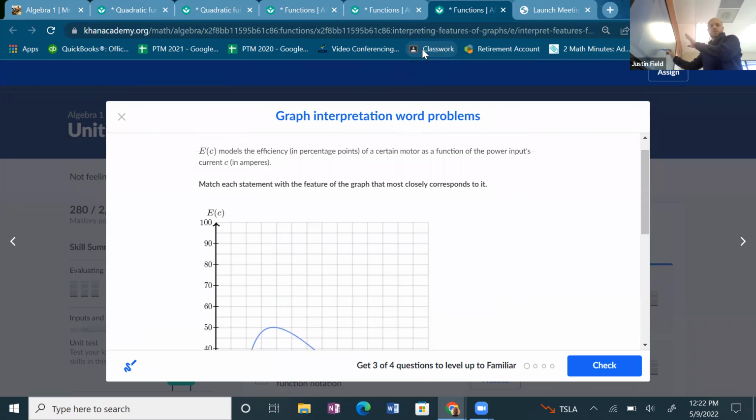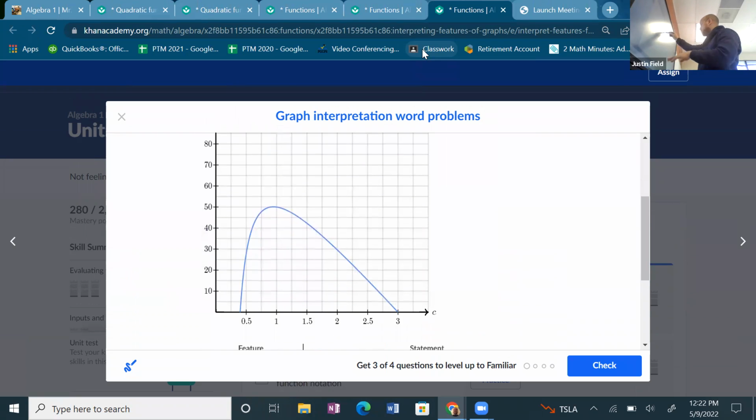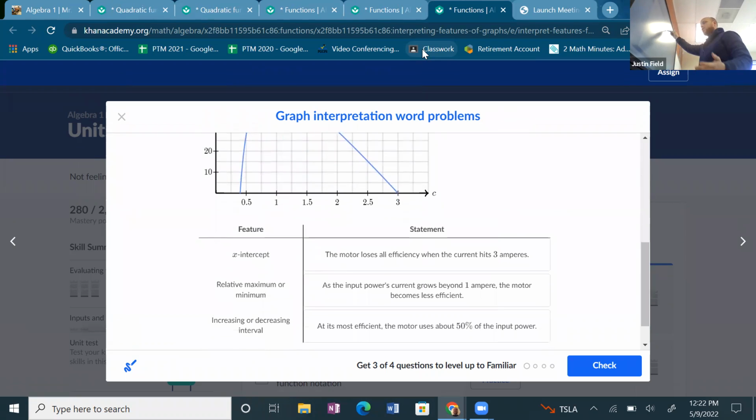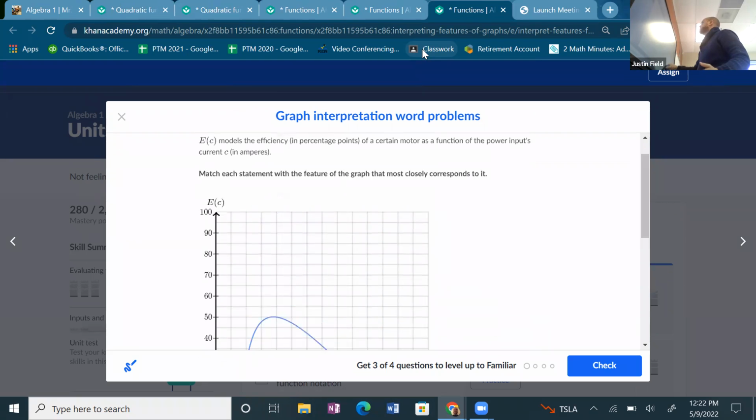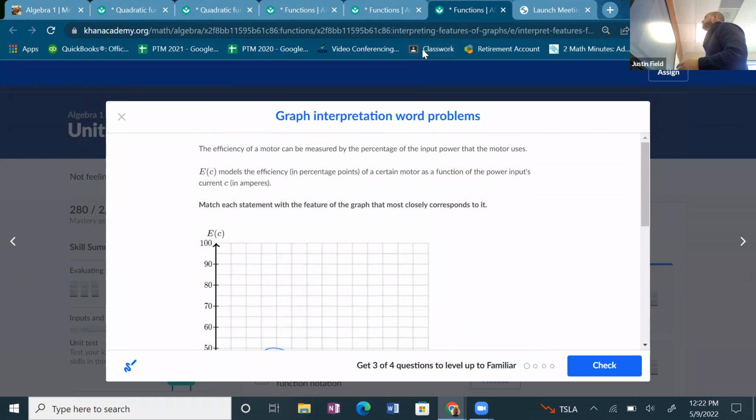So looking at this graph, I see E of C and C. I'm wondering what C represents. Maybe I should read the question. The efficiency of a motor can be measured by the percentage of the input power that the motor uses.